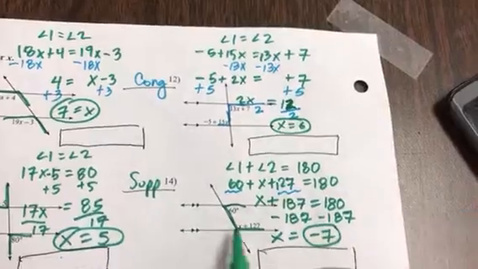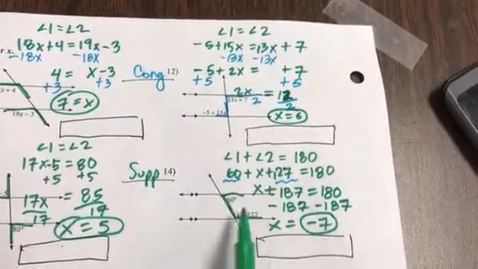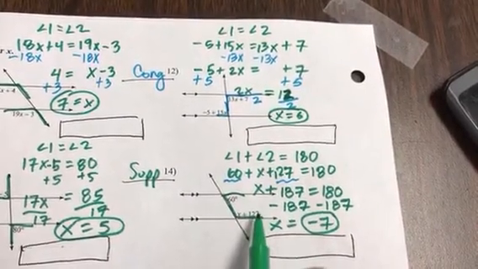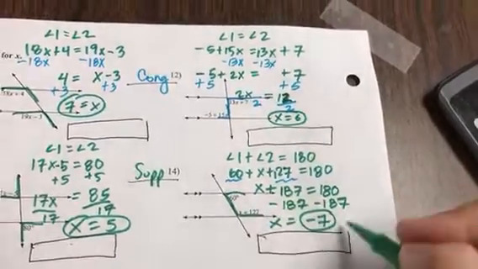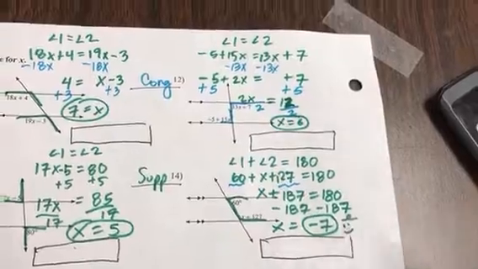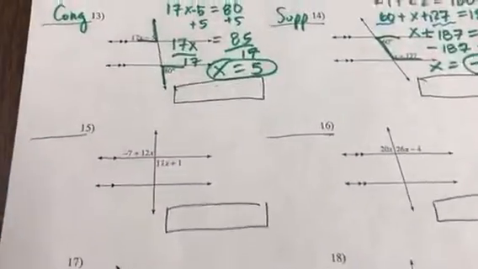I get a negative, but that makes sense. If I plug that back in, negative 7 plus 127 is 120, and 120 plus 60 is 180. Awesome.